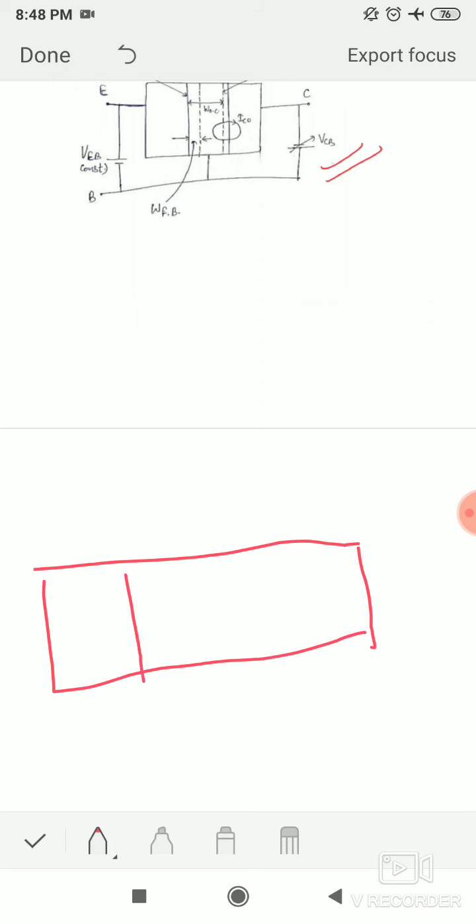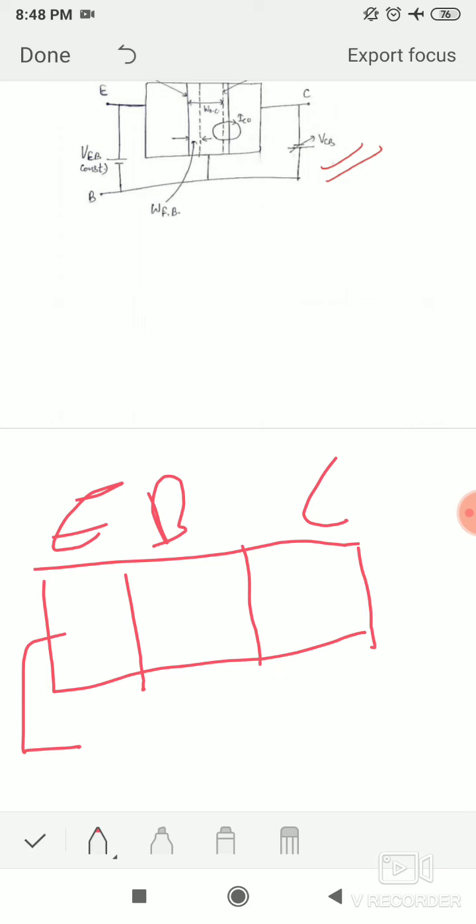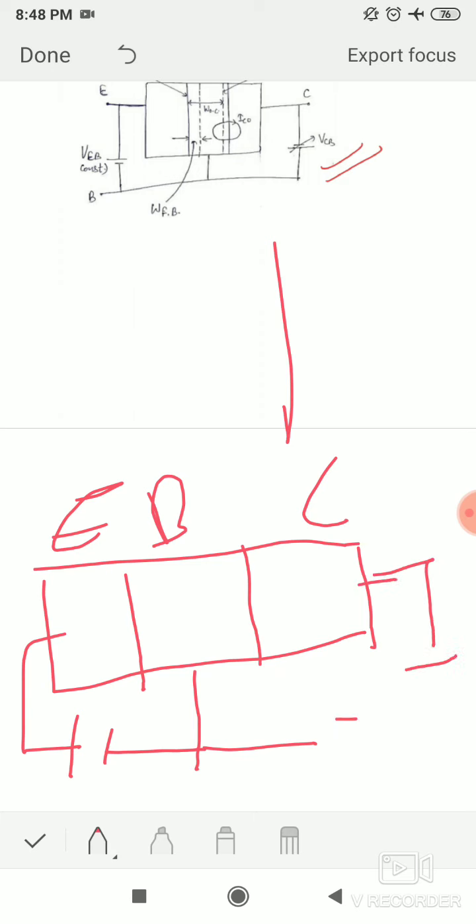This is your emitter, this is your base, this is your collector. We give forward voltage here, and negative here. It is PNP type. Reverse bias means P is at the negative terminal. We vary this voltage.